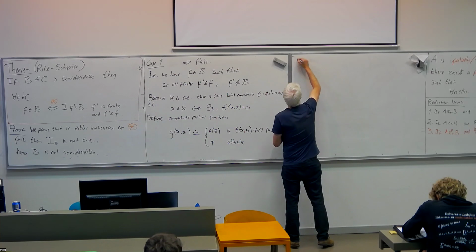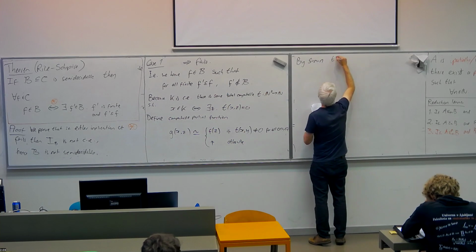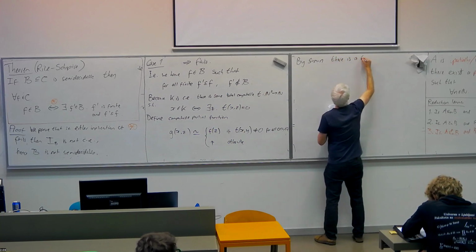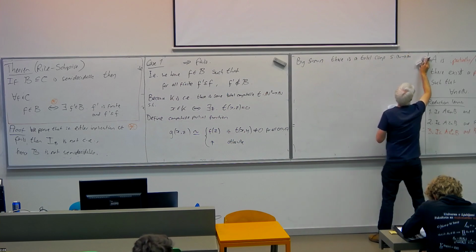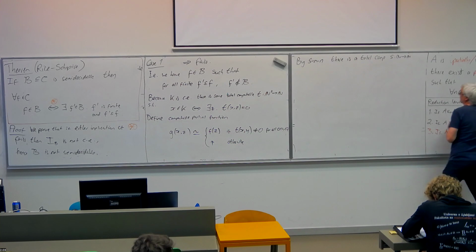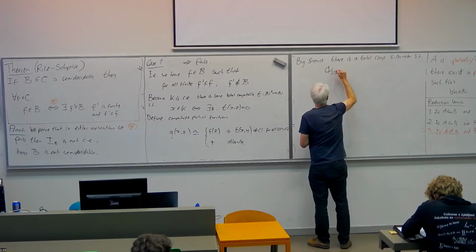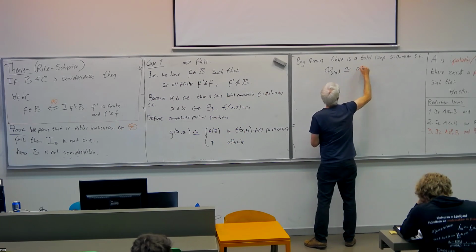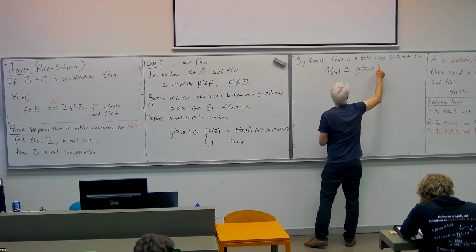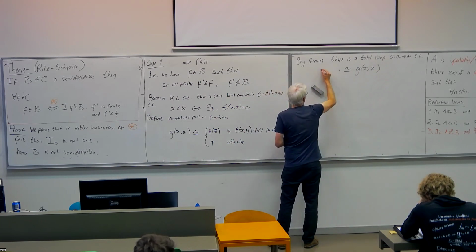So, by SMN, there is a total computable S from N to N such that S is giving us an index for the function G_x of z. Okay. Sorry, that should be a capital Z there.